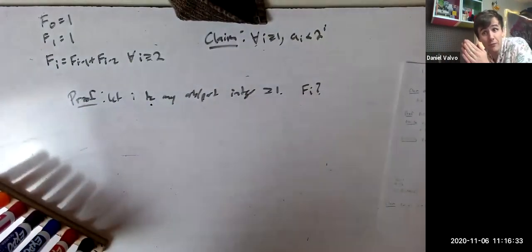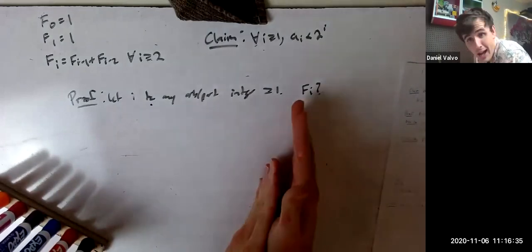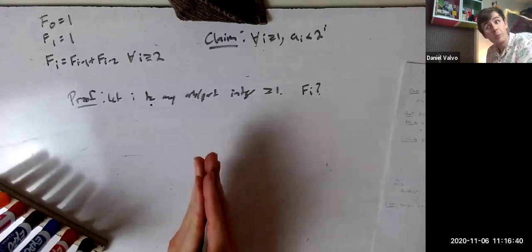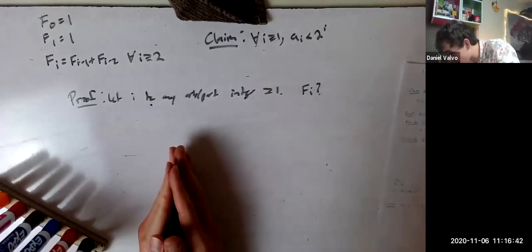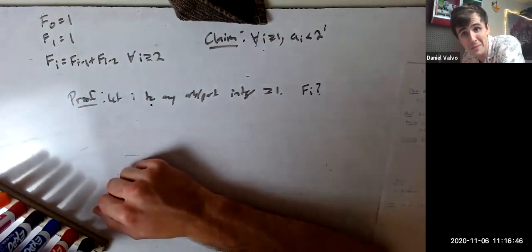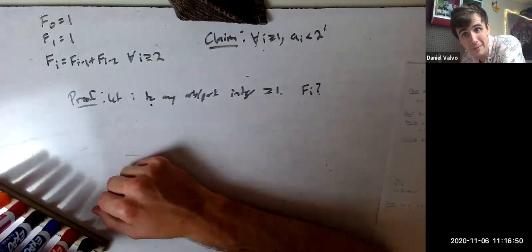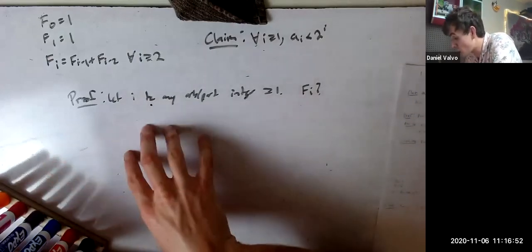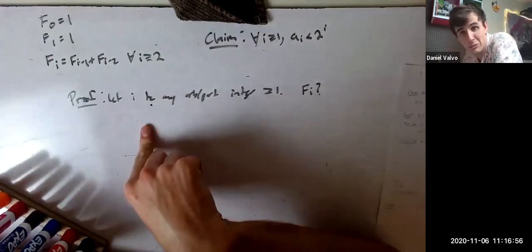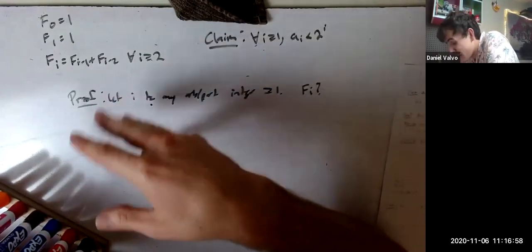There's no explicit formula that tells us how to calculate F of i from i alone. We only know how to calculate F of i from the two previous terms in the Fibonacci sequence. So our direct proof goes nowhere, because to know anything about F of i, we need to know stuff about F of i minus 1 and F of i minus 2. But we're not assuming it. We don't know anything about them.